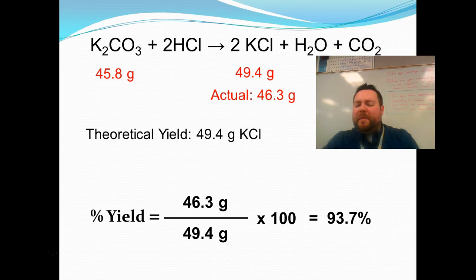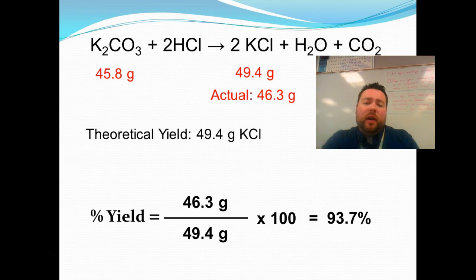But every once in a while, you are going to get something that is over 100%. And so here's what's happening. You see how there are multiple products up here in the equation? Sometimes those products are also mixed in. So in this case, carbon dioxide is a gas at room temperature, so that's just going to go into the atmosphere. But water may not. Water may stick around there.